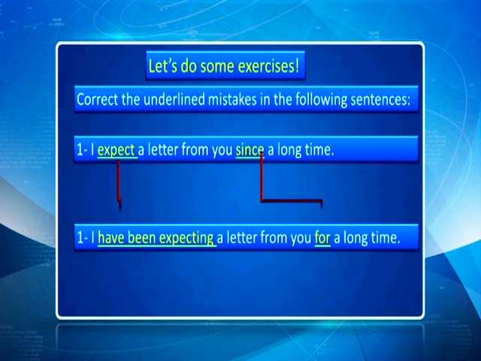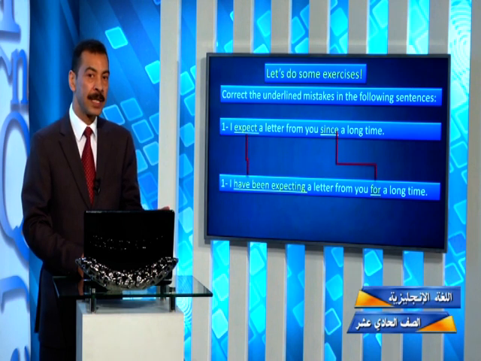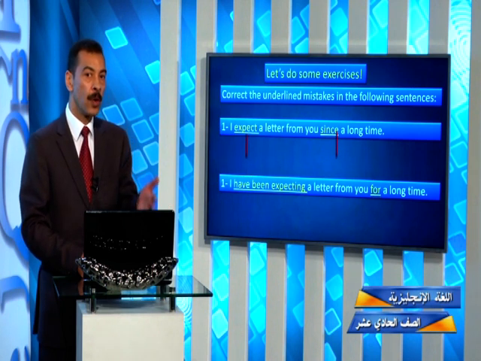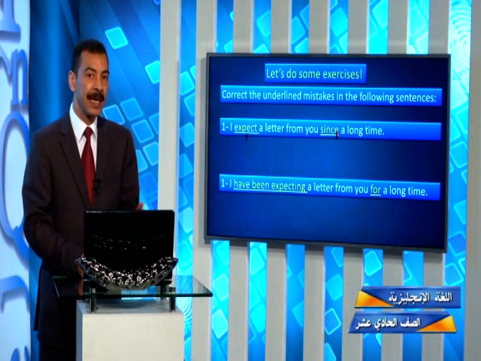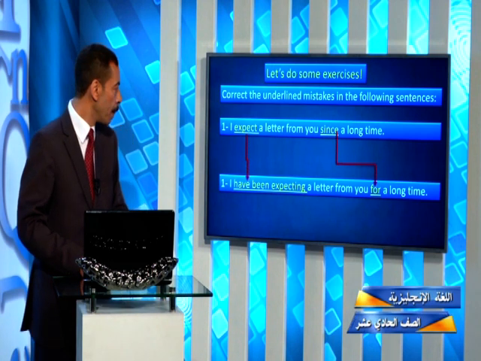Instead of since, we have for, because it is followed by a duration of time. So, since we have the word for, we need to use the present perfect continuous and not the simple present. And remember, when I talked about the progressive form, it could be present progressive or present perfect or any other forms that take the ing form.